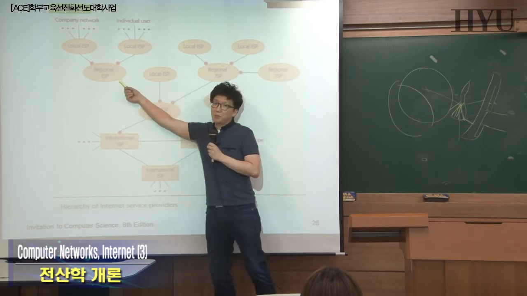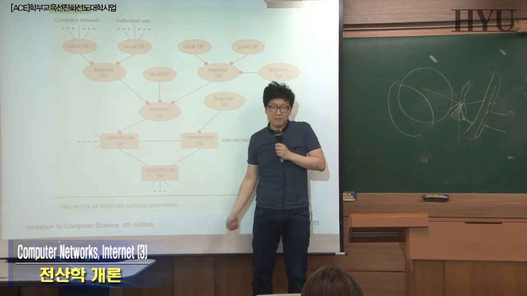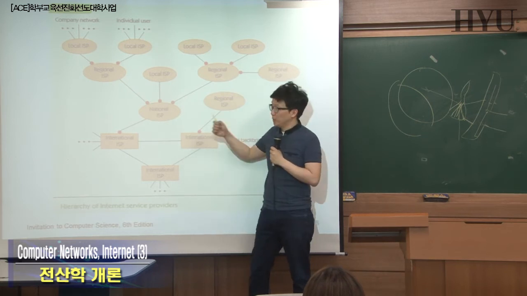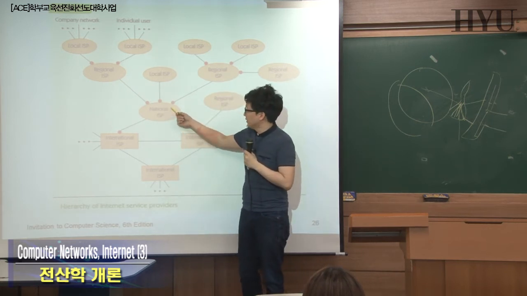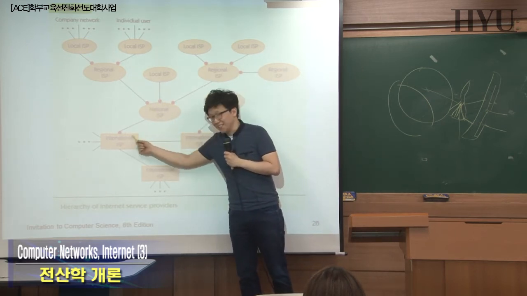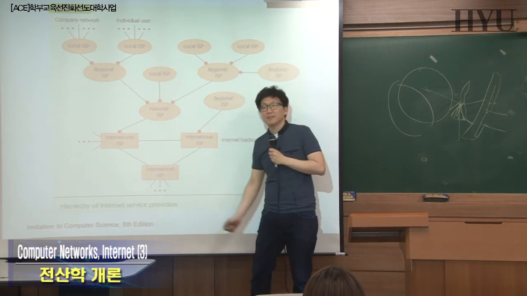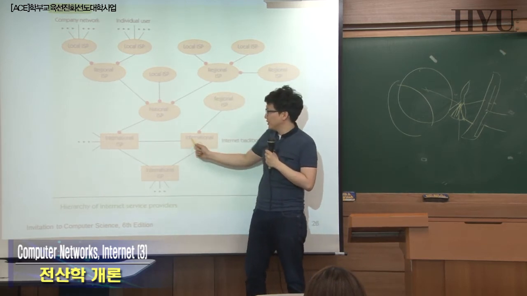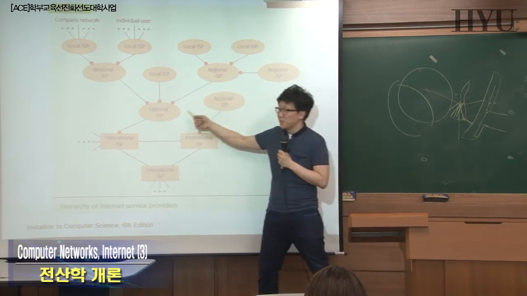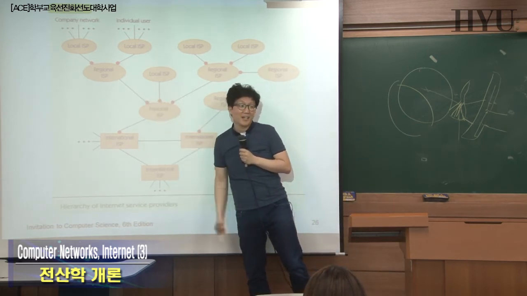And PCCW buys the internet connection from maybe AT&T or SBC. And those are other big companies. 내셔널 다음에 인터내셔널, AT&T, SBC, so international ISPs. So very expensive to buy.